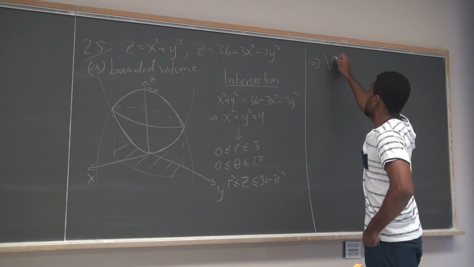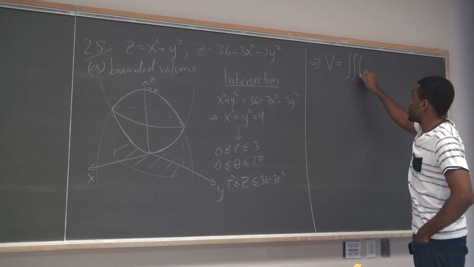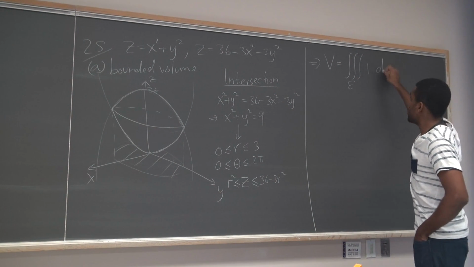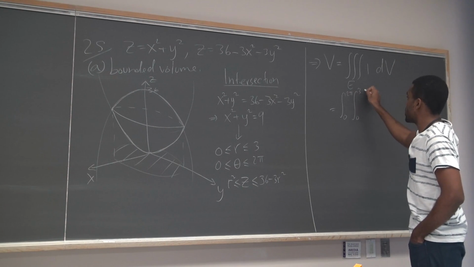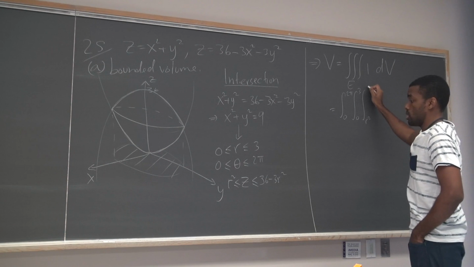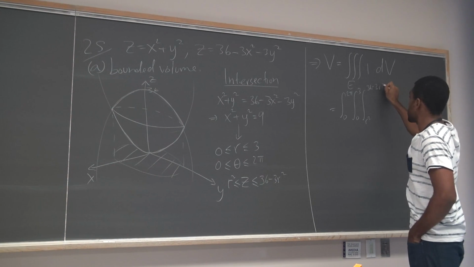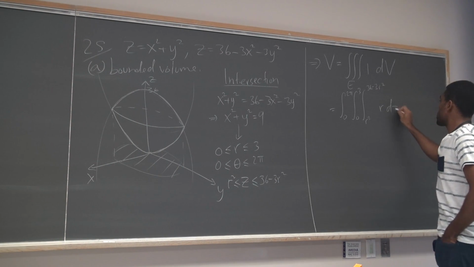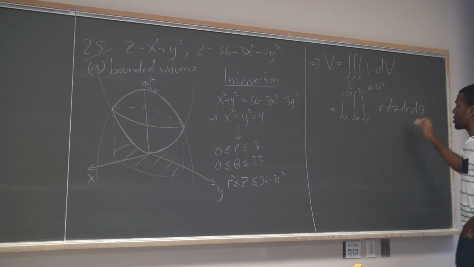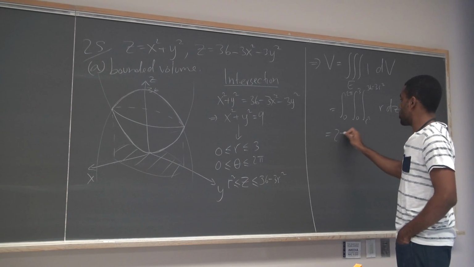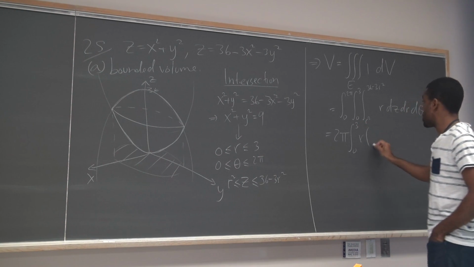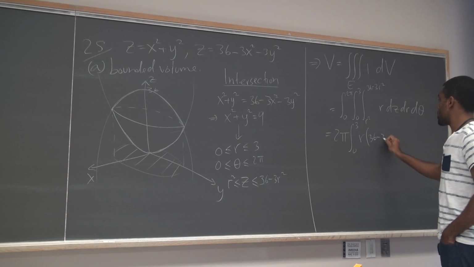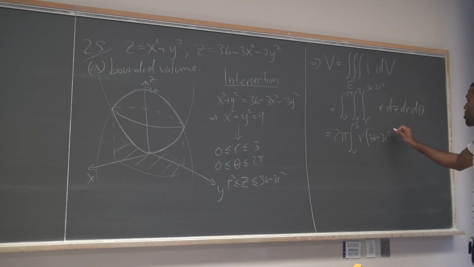This means my volume is equal to the triple integral over this region of 1 dV, from 0 to 2 pi, 0 to 3, r squared up to 36 minus 3r squared of r dz dr d theta. It's going to be 2 pi times the integral from 0 to 3 of r times 36 minus 3r squared minus r squared.